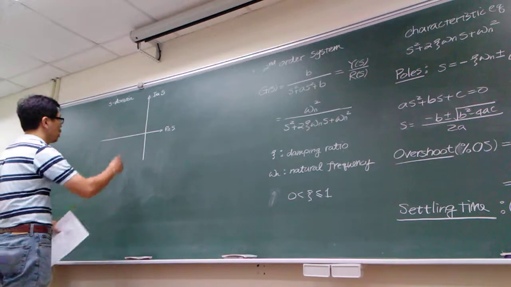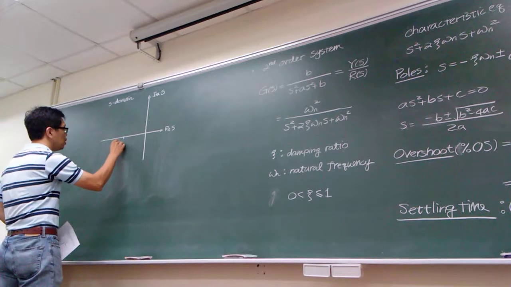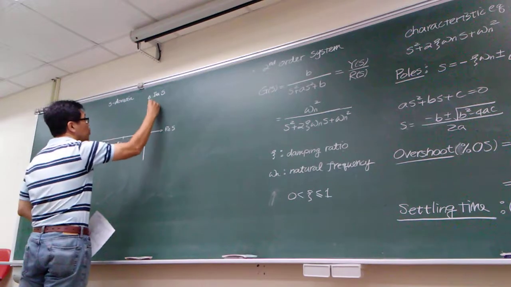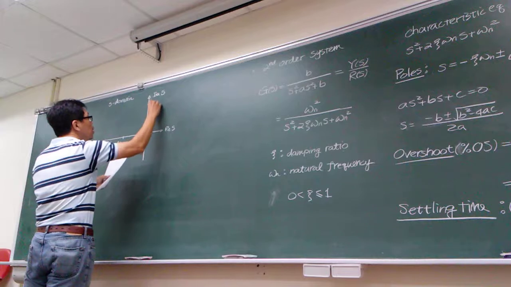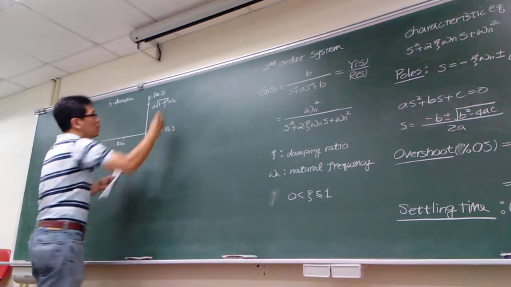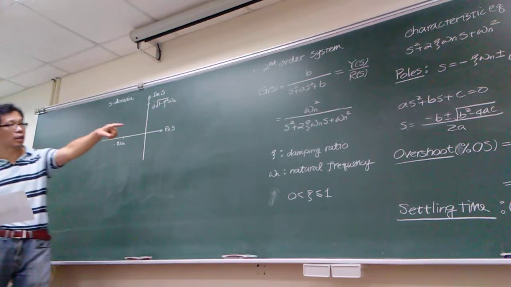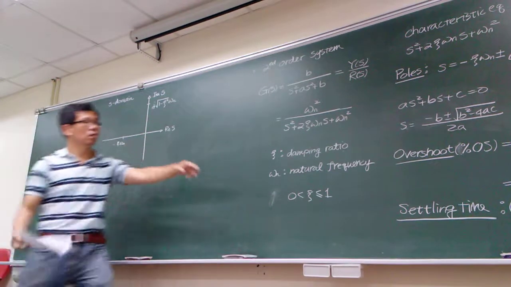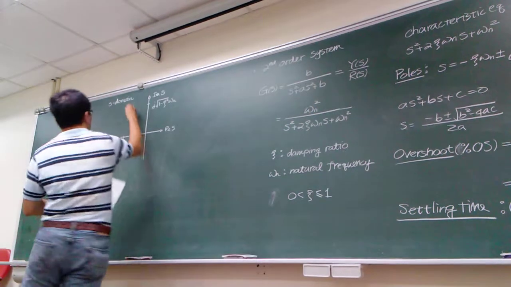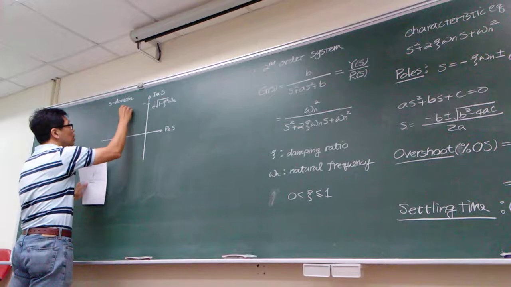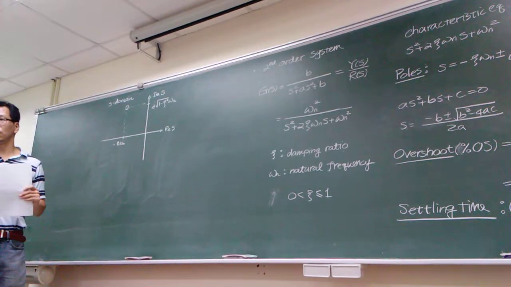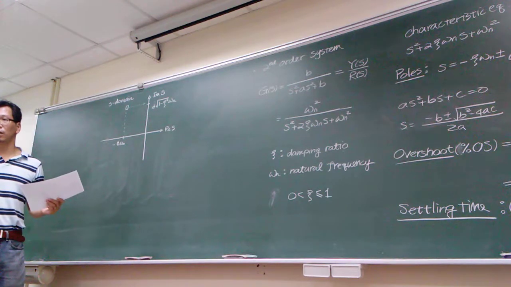So the real part is going to be this one, and the imaginary part is going to be this. I'm just putting that into xy position. This is my horizontal, this is my vertical. So if I do something like that, you get all the numbers over here. This is my pole location. Any questions so far?